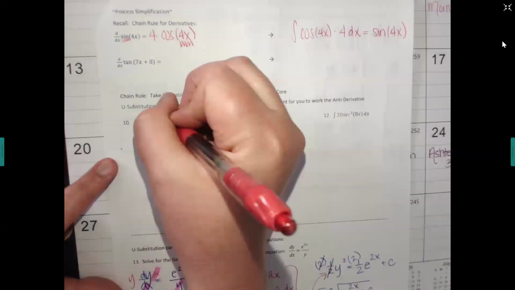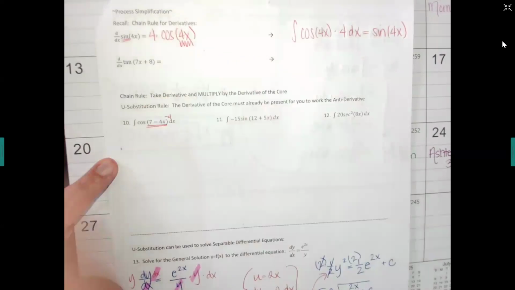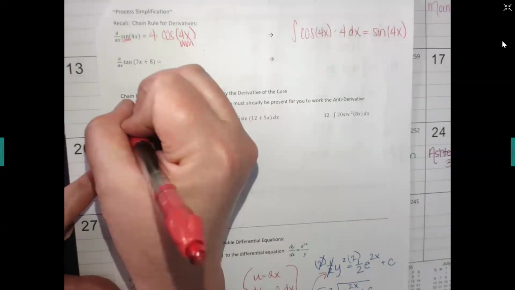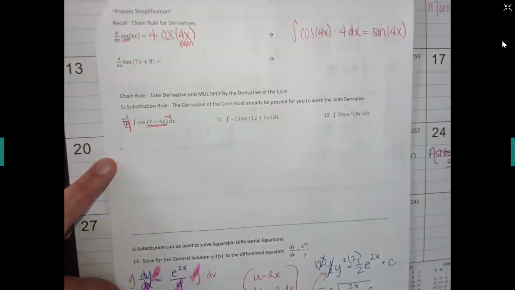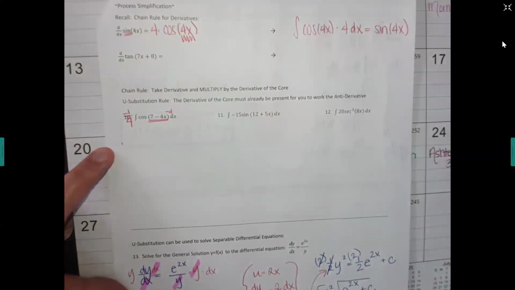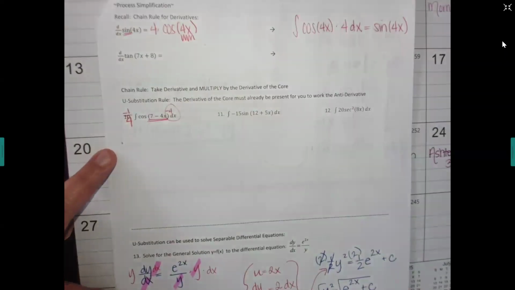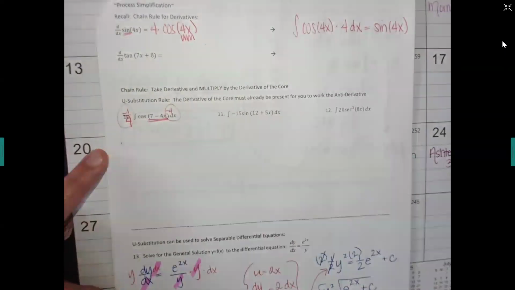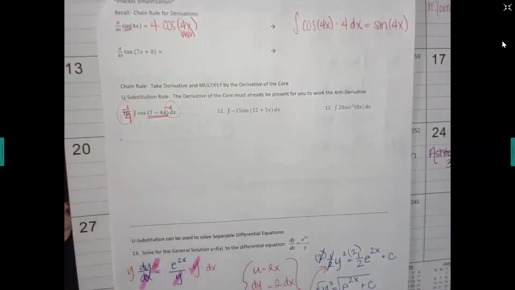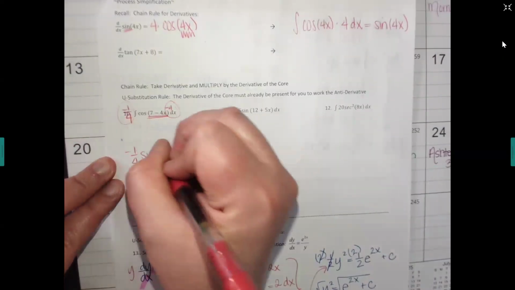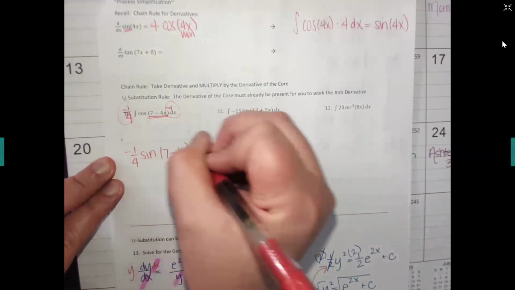So you can think about putting a -4 on the inside. Then you'll divide a -4 on the outside. So if I need a -4 on the inside with the dx, then I would put a -1/4 on the outside to basically keep everything even. And then what's the integral of cosine? So it'd be -1/4 sine plus c.